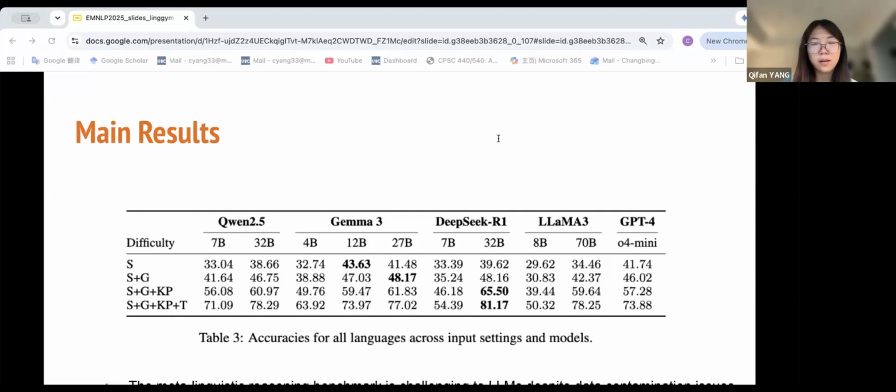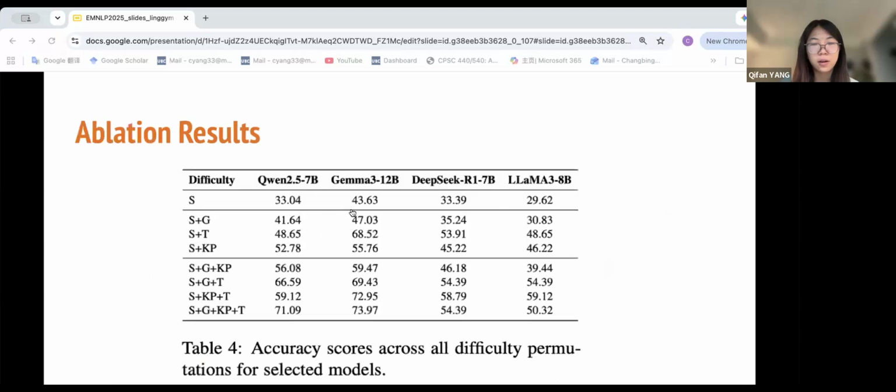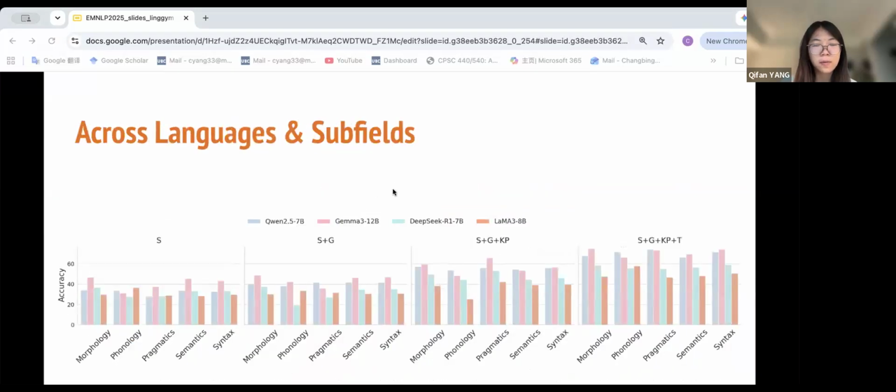Okay, and then my next question is, you show that the performance across different tasks, like phonology, morphological features, is relatively similar. It is a little bit counterintuitive to me, because as you said, the grammar book involves mostly syntax content.